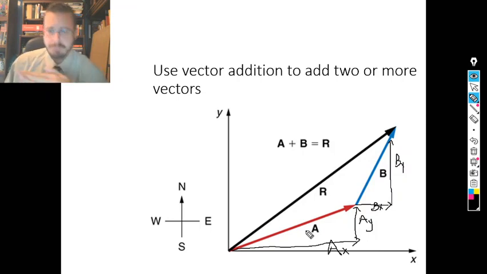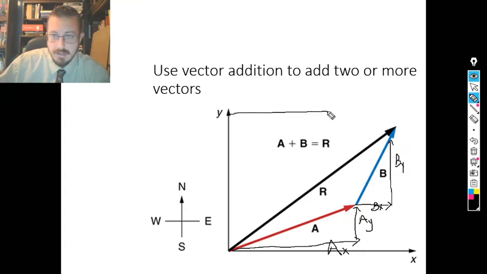So we can take a vector that is the hypotenuse, and if we know its angle also, then that's all the vector information. We know its magnitude, we know its direction, and we should be able to use trigonometry to resolve that vector, to break it down to its x and y components. And then to solve for the resultant here, this vector that's drawn in black, we would simply add up the x component of A, which brings us over about this far, and then add that to the x component of B, which brought us over.